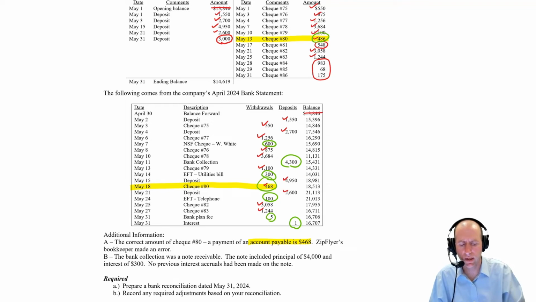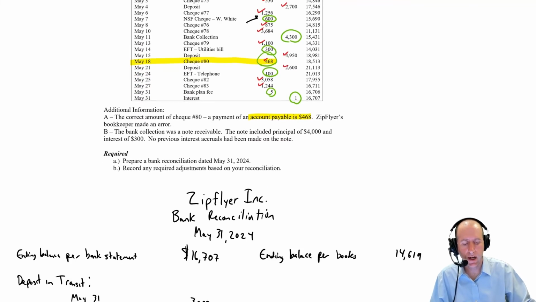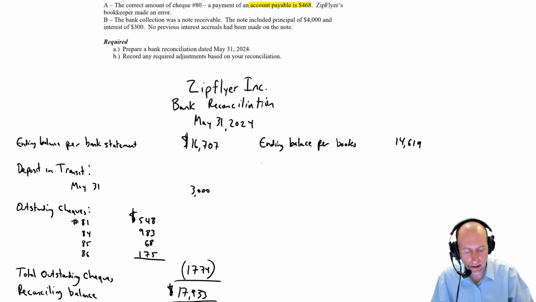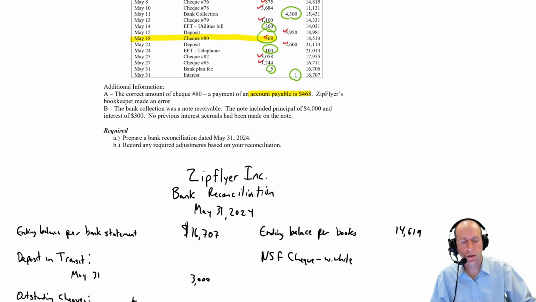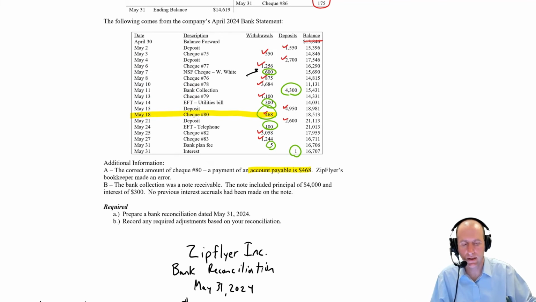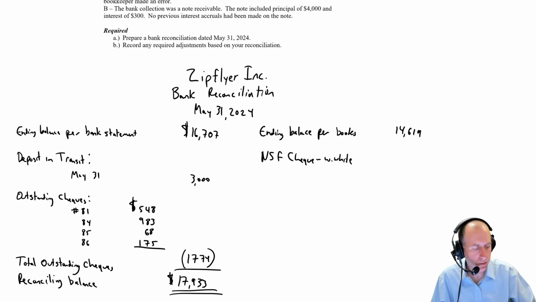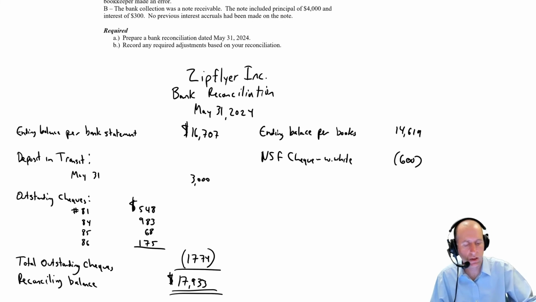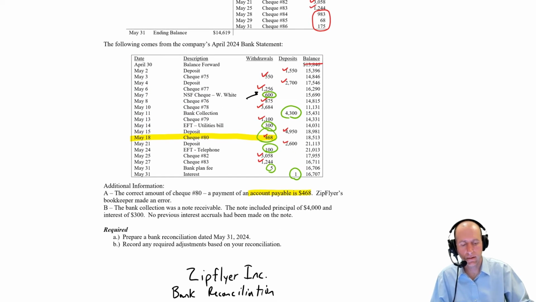We'll start though with this NSF check, W White, and the NSF check represents something that's on the bank statement that is not on my books, so I need to make note of that.